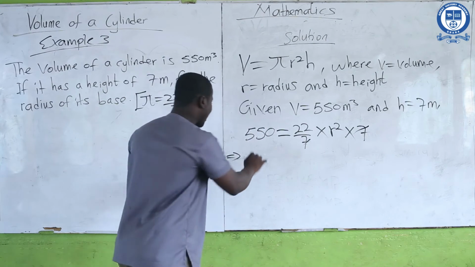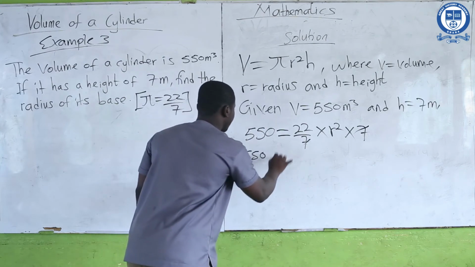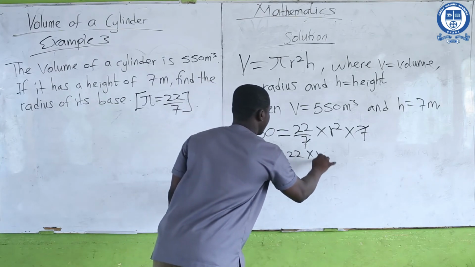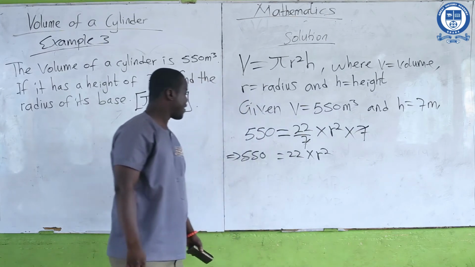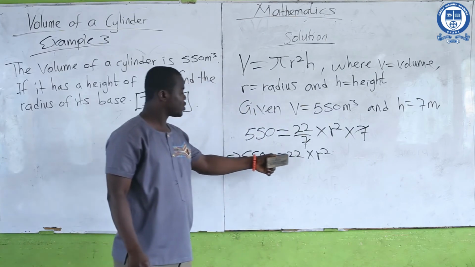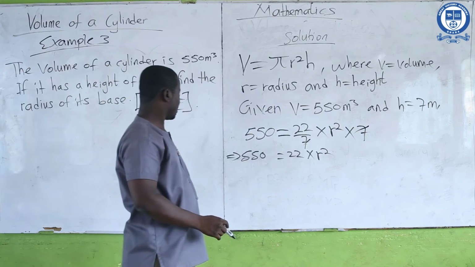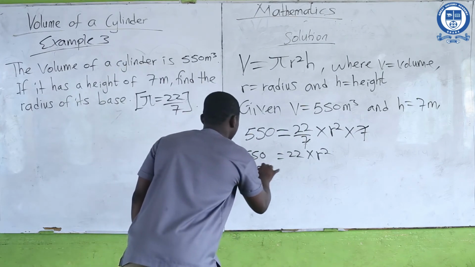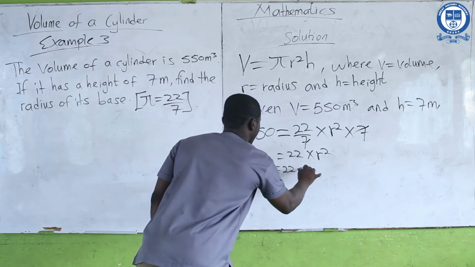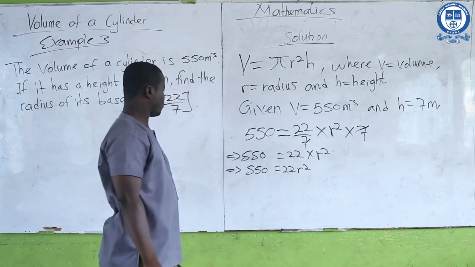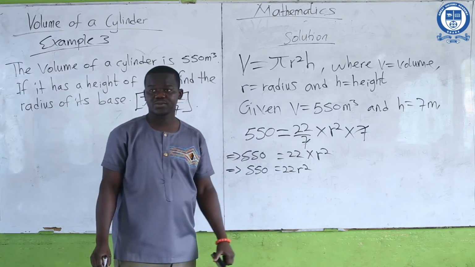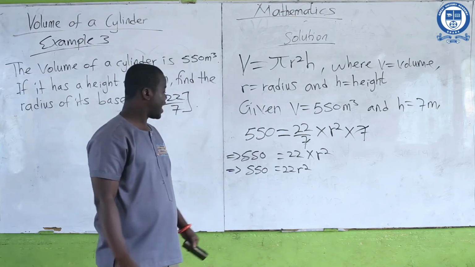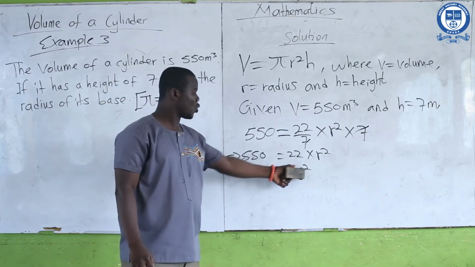This will now imply that we now have 550 is equal to 22 times r squared. Okay? What do we do next? We divide both sides by 22 because we're looking for r.